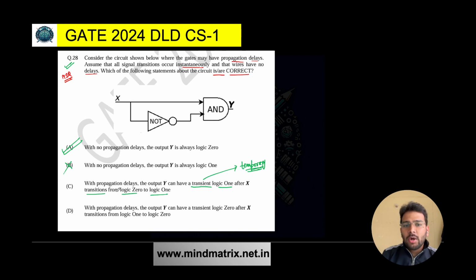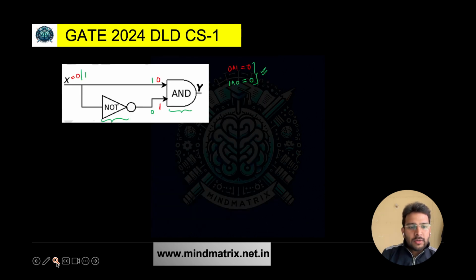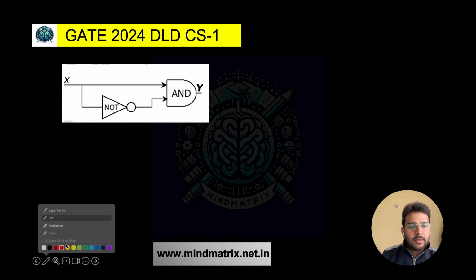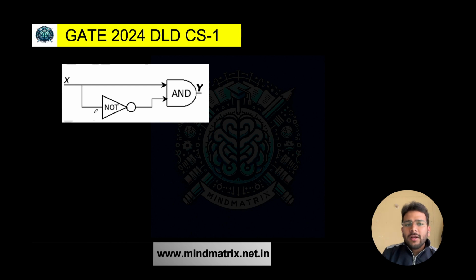So we are considering propagation delays here. So let me just erase this one now so that we can reuse this figure. Fine. Now we are considering that this gate is having some propagation delay. Let's say this gate is having a 1 nanosecond of delay, just for example. Let's say the value of x is 0 initially.